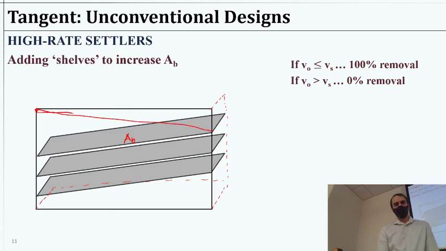If I could draw that properly. So you can settle with a much higher flow rate. So either you can settle slower particles, or you could just operate with a faster speed. So that's why we call it high rate settlers, because you can operate at a higher flow rate.